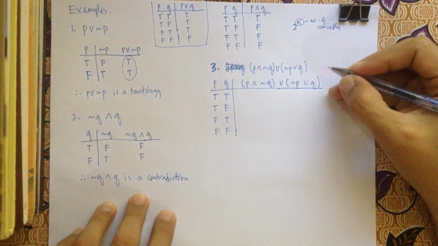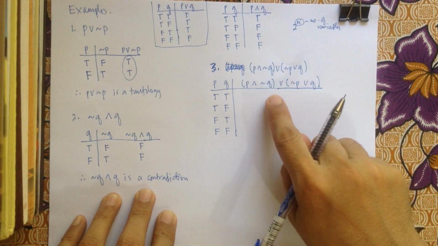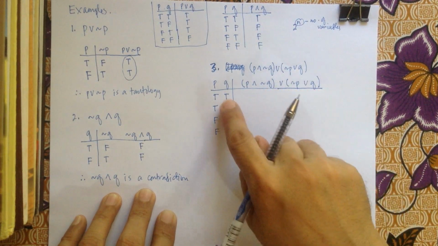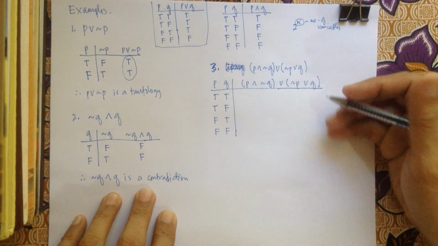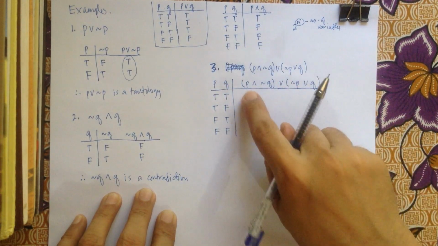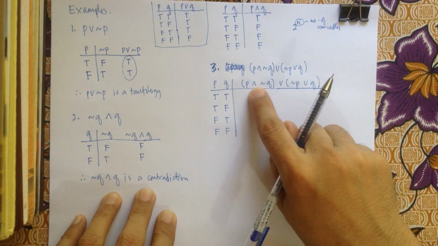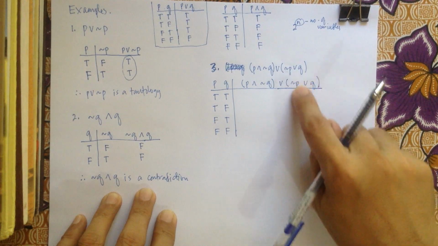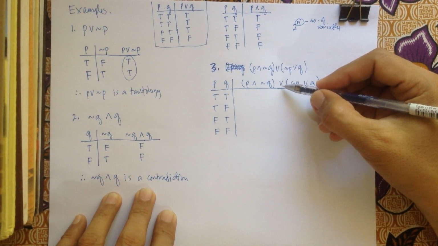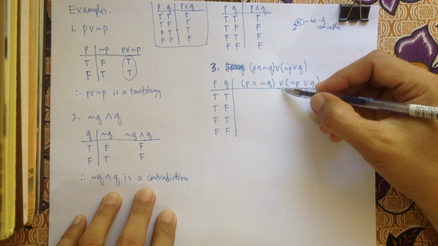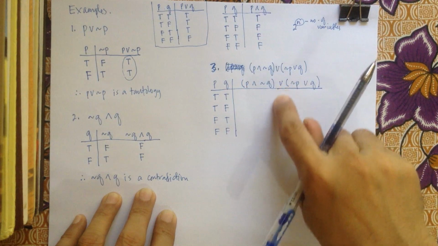Okay, and then we will determine the truth value of this for every possible combination of the truth values of P and Q. Let's start first with finding the truth value of P and negation of Q. Then after that, we find the value of negation of P or Q, and then for our last and final column, we're going to determine the truth value of these 2 under or.